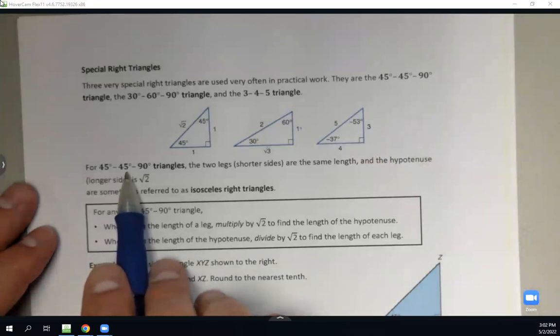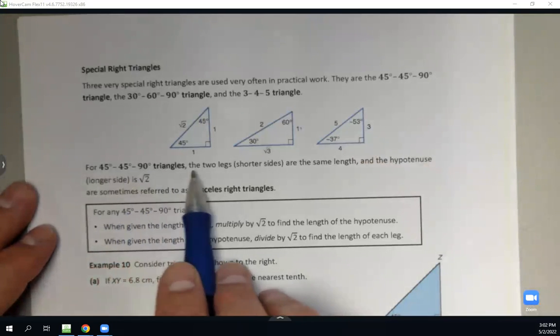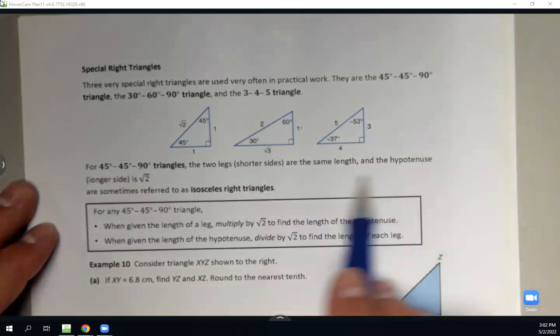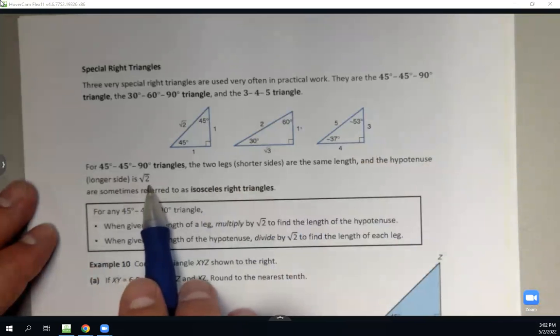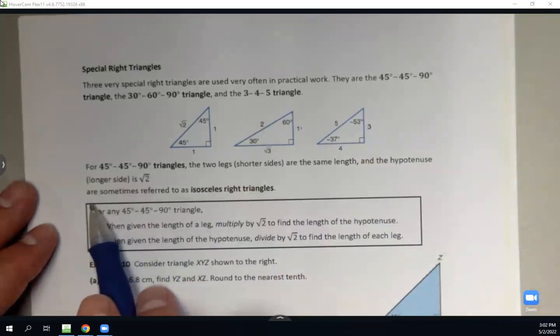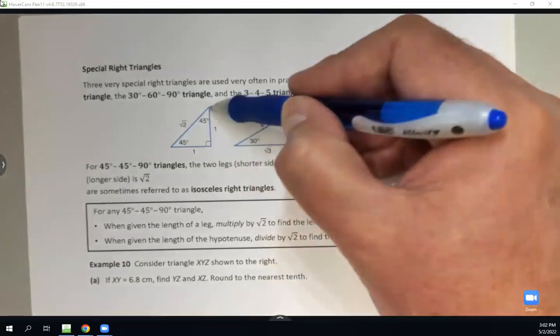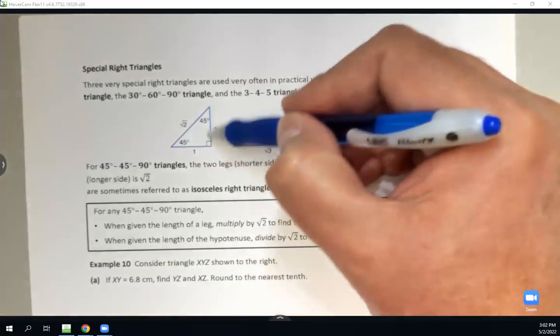For a 45, 45, 90 degree triangle, the two legs, the shorter sides, are the same length, and the hypotenuse, the longer side, is the square root of 2 times a leg. This is sometimes referred to as an isosceles right triangle, because the legs are always the same length.